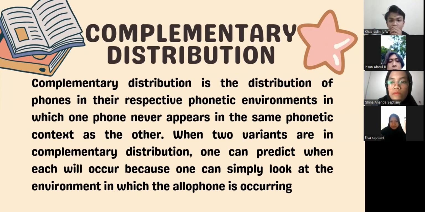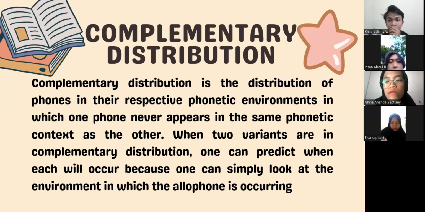The term often indicates that two superficially different elements are the same linguistic unit at a deeper level. More than two elements can be in complementary distribution with one another.